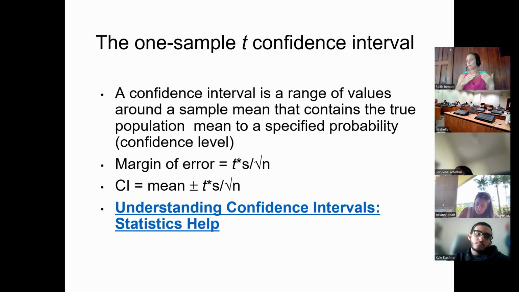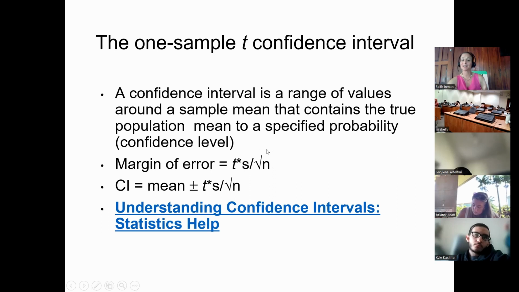You might think of the margin of error. You've probably heard of the margin of error. The margin of error for a t-test would be calculated as the t-critical stat you got from the lookup table or from your analysis output, multiplied by your standard deviation divided by the square root of n.